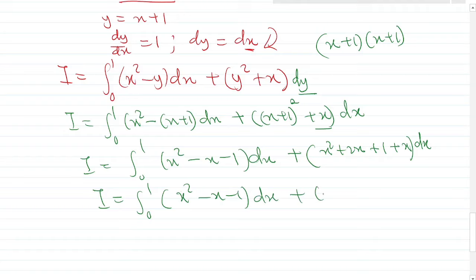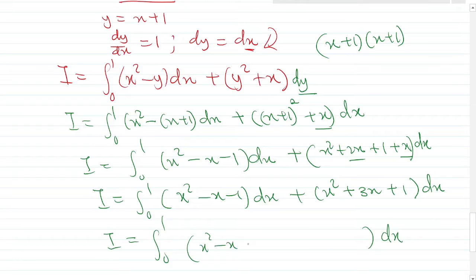So this should be x squared plus 3x, because 2x plus x, then plus 1, dx. Since we have dx here and we have dx here as well, we can have just the integral from 0 to 1, pull out the dx, and then you have x squared minus x minus 1. Then you combine it with this x squared plus 3x plus 1.